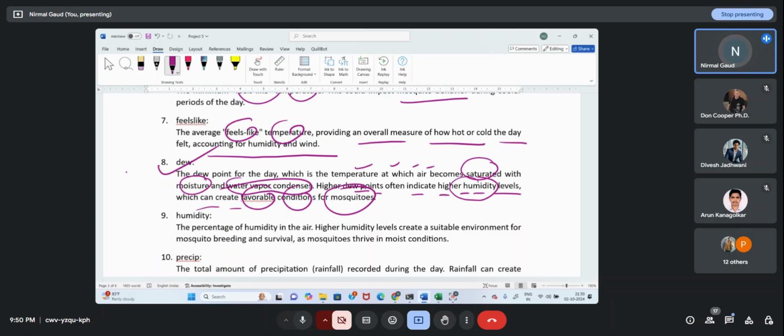After rainfall, there is humidity in the atmosphere, water condensed. It is a favorable condition for the mosquito to develop. Because there is a technical reason for every question. Since we have a favorable condition for the dengue mosquito to develop, obviously the cases will rise.